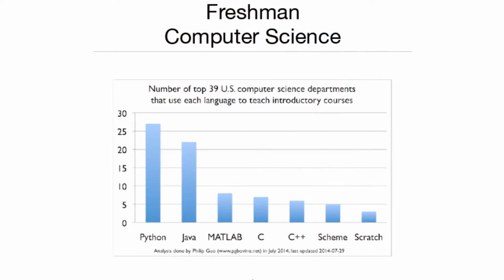One of the things I also enjoy looking at is what freshmen in computer science are taught as their initial language. And it used to be Java for a long time. Python has recently edged out Java. But if you look at the candidates on there, there's only one functional language, Scheme, over on the right-hand side.